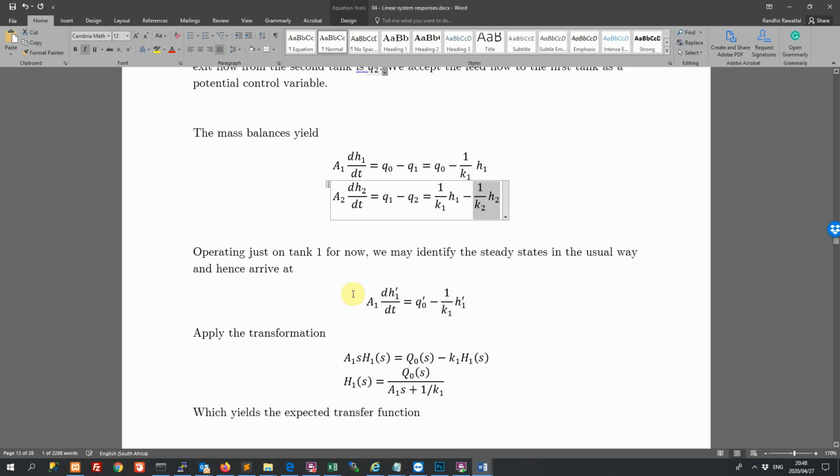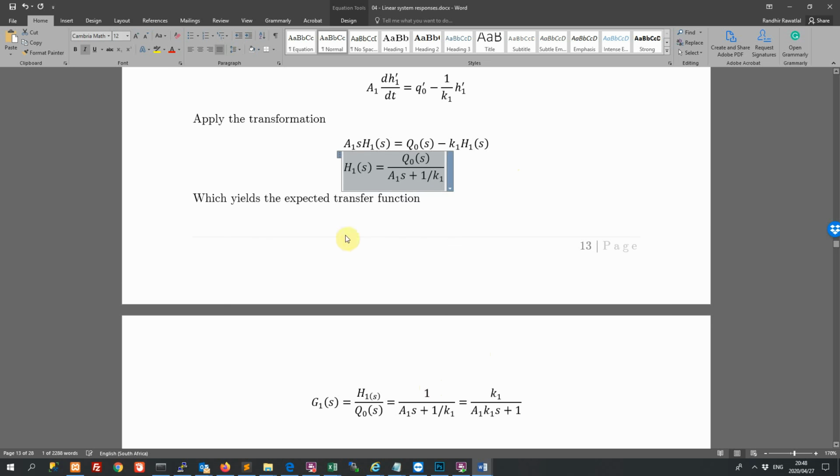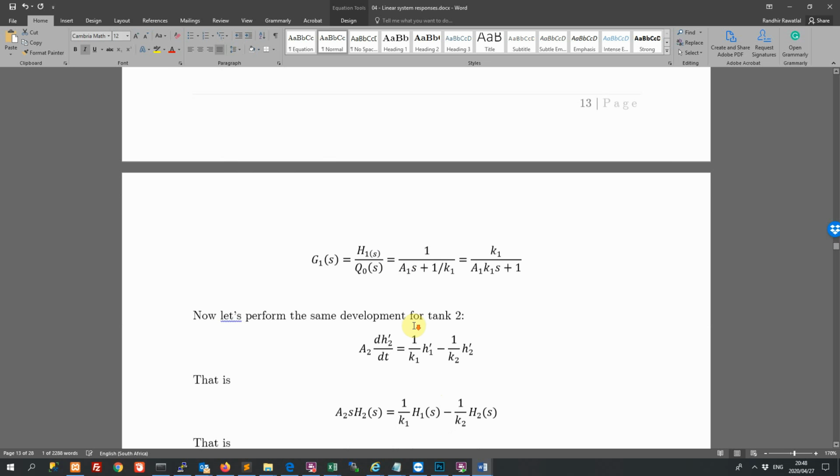So you can do the usual thing, write in terms of deviation variables and work just on the first tank for now. This is independent of the second tank. We don't need the second tank solution to solve this equation. So you can find the transfer function for the first tank, invert it, and get the solution in the first tank.